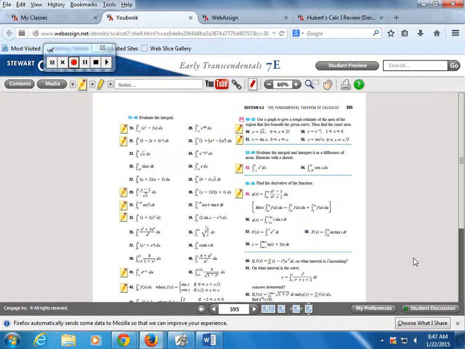Let's do those three first, and then I'll let y'all pick out a couple. Yes, page 395.